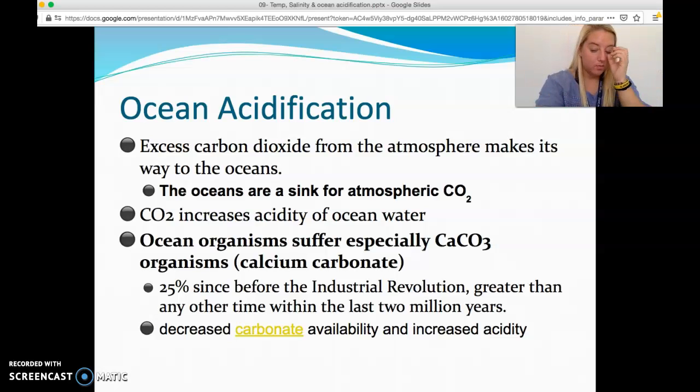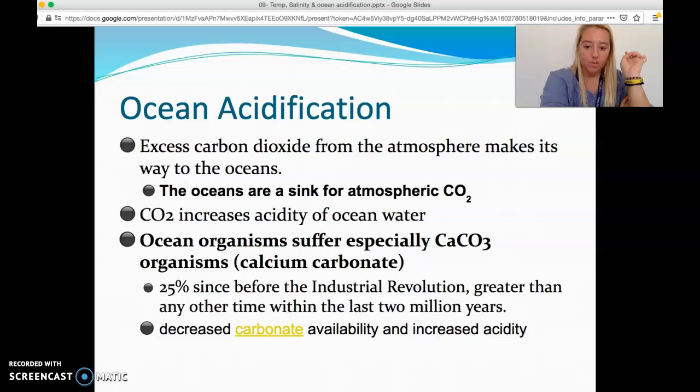Okay, so our second bullet point says CO2 increases the acidity of the water. That's because the CO2 combines with some molecules in the water, forming carbonic acid. It's a different chemical. Acid indicates acidity, and it is very detrimental to ocean organisms, specifically ones that make their shells.